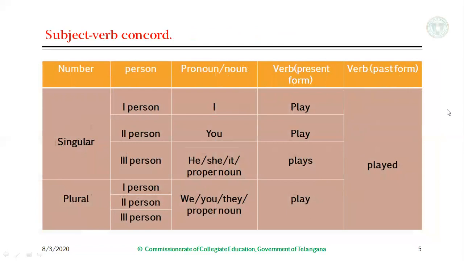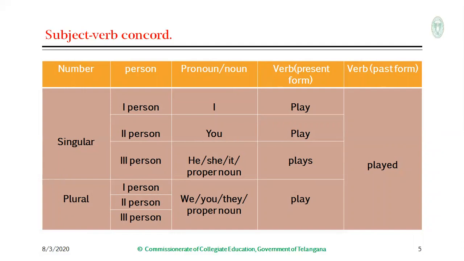Let's look at another table here. The same way, first person, second person, third person singulars. First person singular, I. If you take the verb form, play, I play cricket.